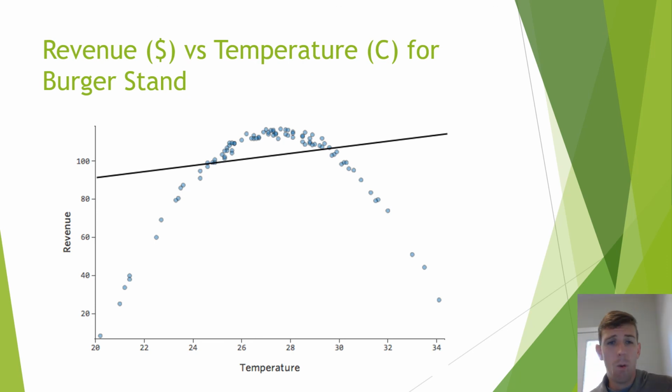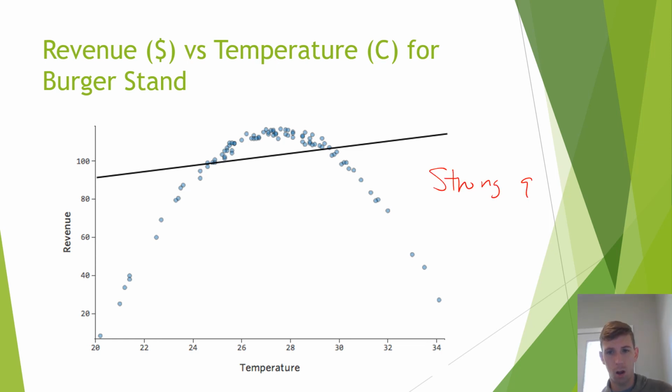All right, one more thing to watch out for. Here we have revenue versus temperature for a burger stand. Temperature outside, obviously in Celsius, and the revenue in dollars. We see there's a very strong association, but it is just not linear.